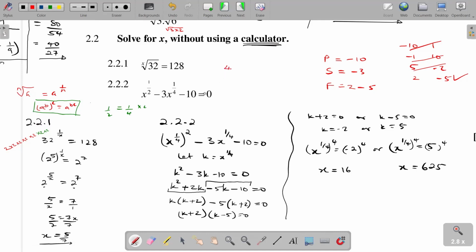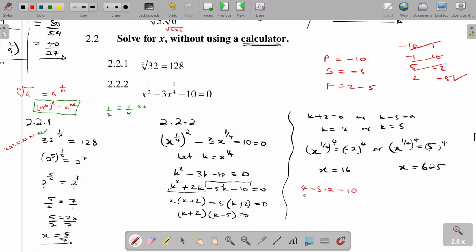Let's do the checking. We say 16 to the power half, which is 4, minus 3 times 16 to the power quarter, the fourth root, which we know is 2, minus 10.